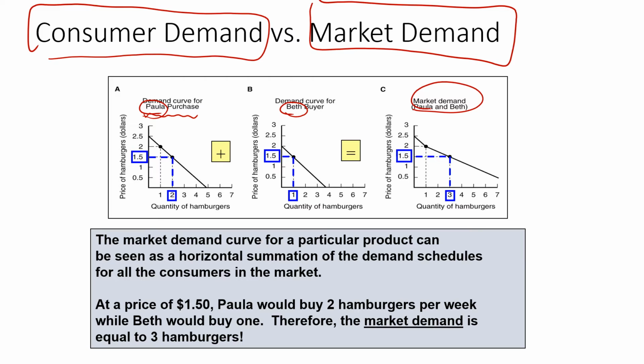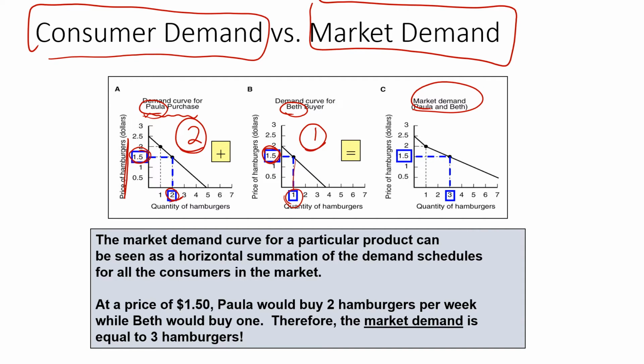So we can see that if the price of hamburgers is $1.50, because we have price of hamburgers across here, Paula is willing to buy 2 hamburgers at that price. And if the price is $1.50, Beth is willing to buy 1 hamburger at that price.